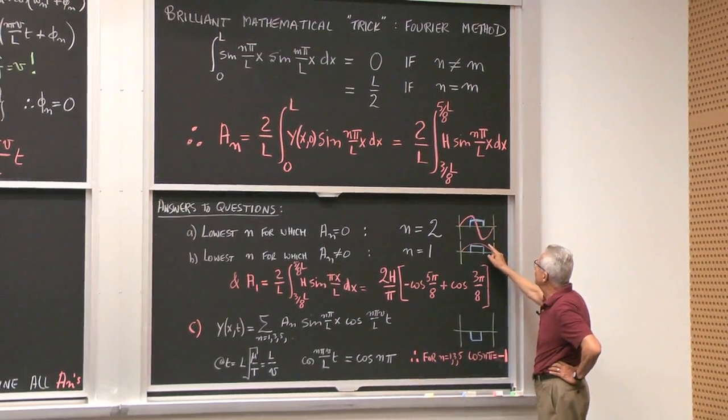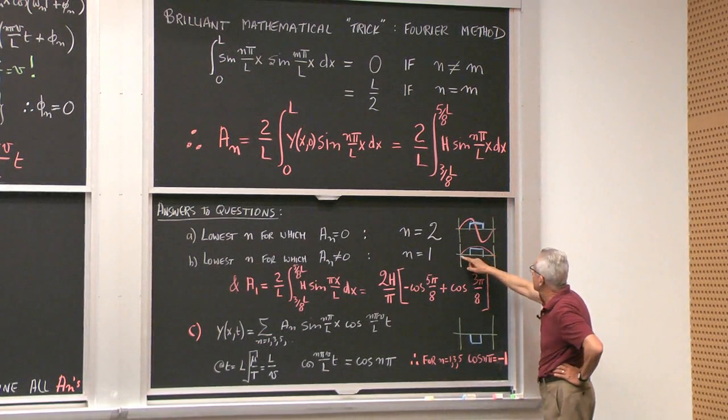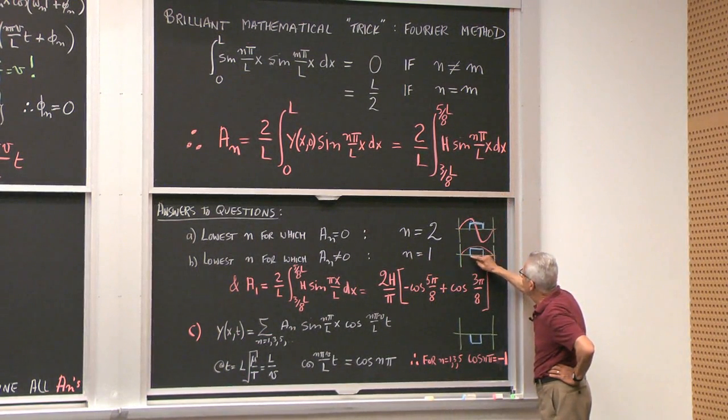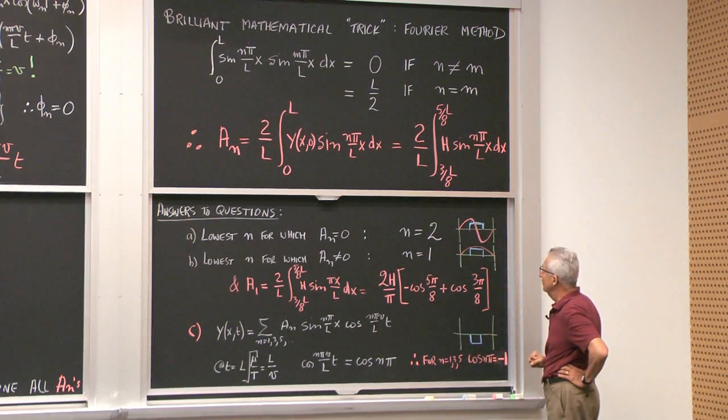That's for n equals 1. That's what the sine of pi x over L looks like. You're integrating that multiplied by 0, and here you're multiplying by a constant and 0. Clearly, this is not going to give you a 0.